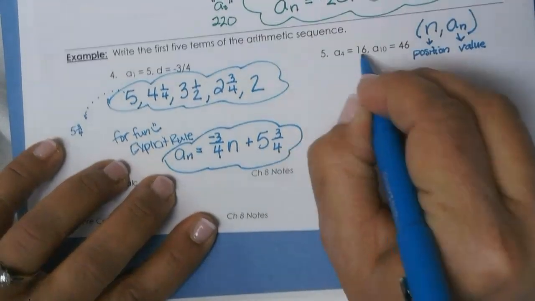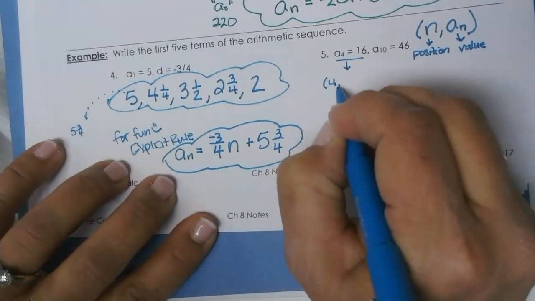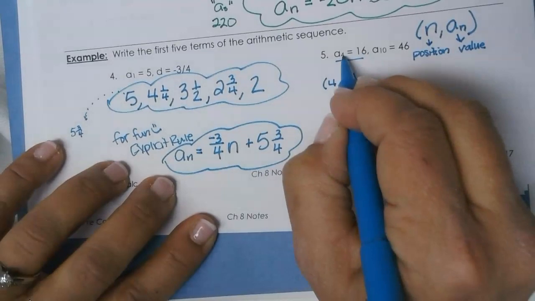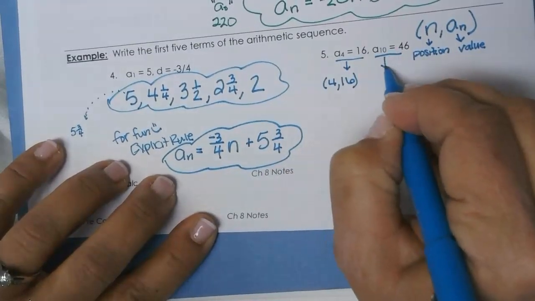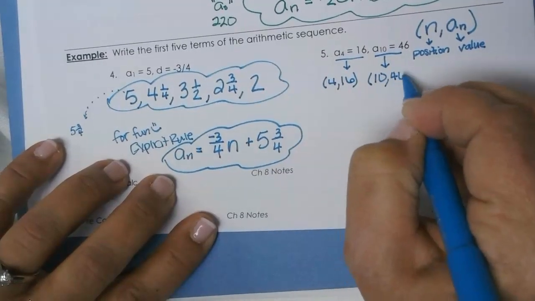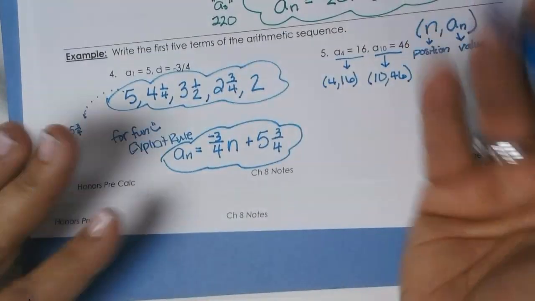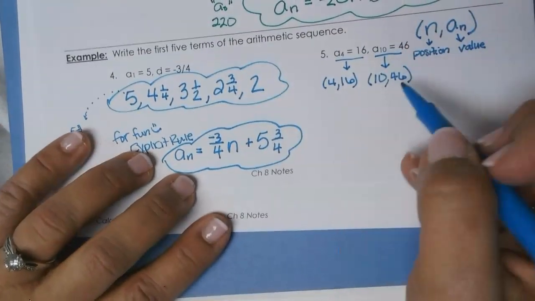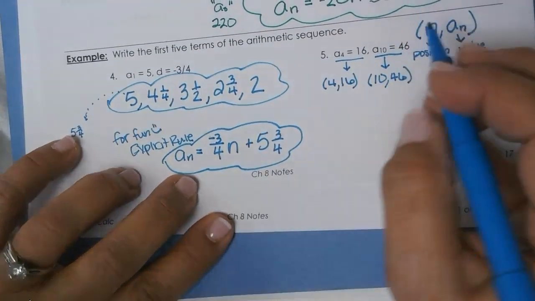So if I think about this as a point, an ordered pair, this gives me the ordered pair 4, 16. What would the next ordered pair give us? 10, 46. And why is that helpful to think about it as ordered pairs? Well, remember that this is linear, and through two ordered pairs, we can find the slope.